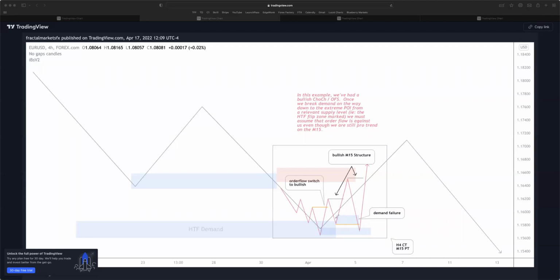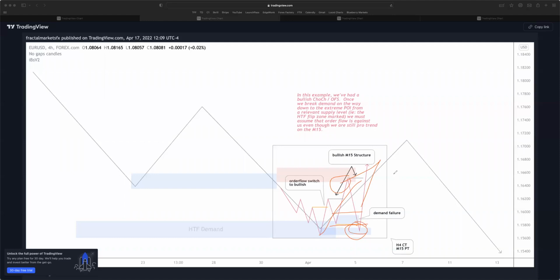Essentially, if we have a demand failure that comes down into an origin of a POI that is left unmitigated from a supply level, even though the M15 is moving this way, because we've taken out a level of significant demand into the POI, we must assume that order flow is switched.